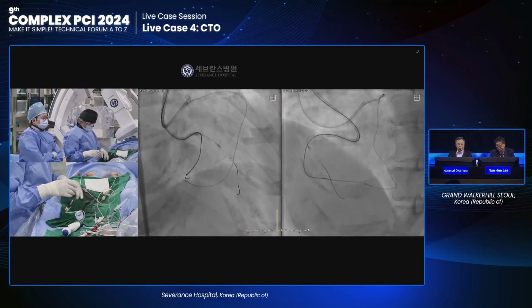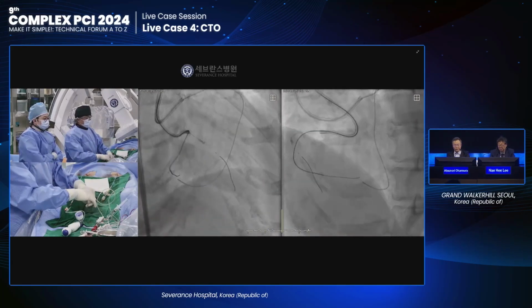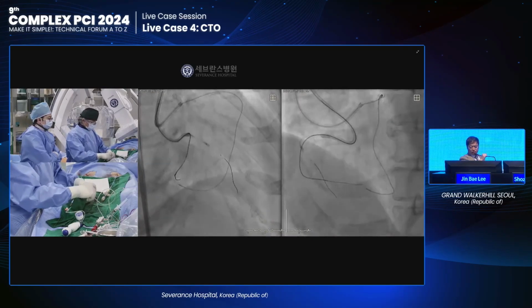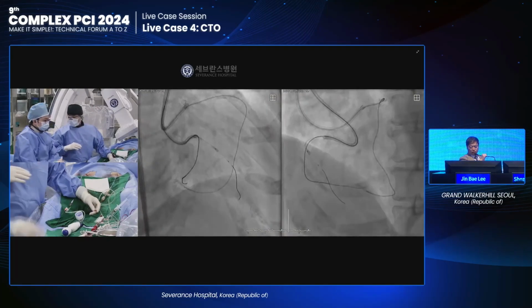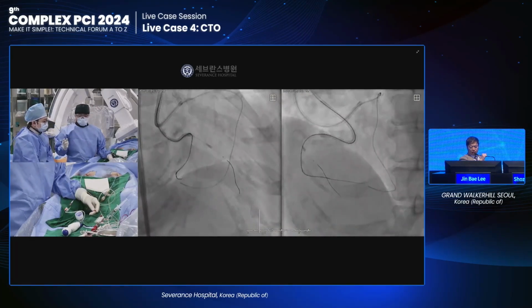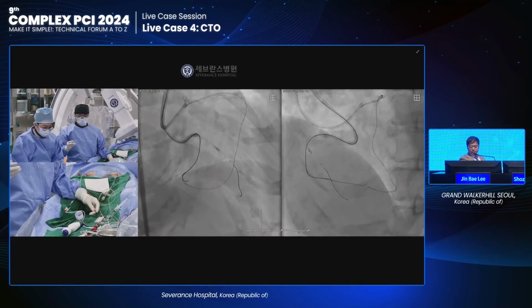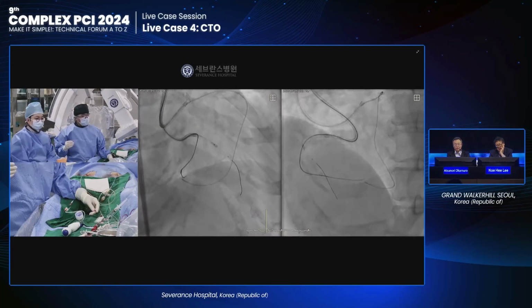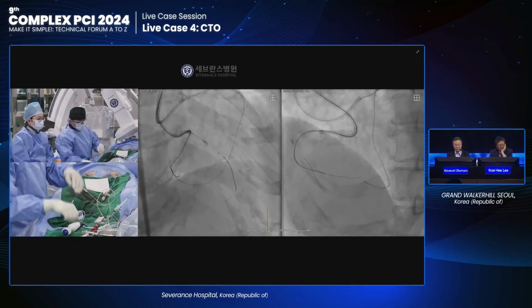I think you already made a pursuit in the anterior approach, so I think it's time to combine retrograde wiring, and the reverse CART will be better for time saving. Okay. I think most panelists want reverse CART at this time. Okay. Please start.